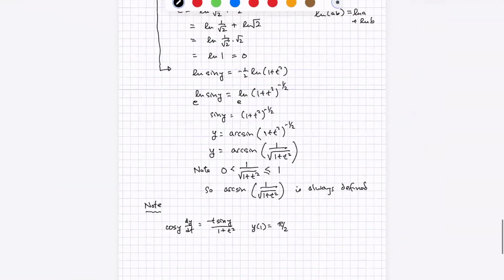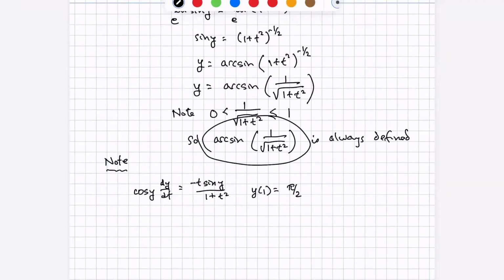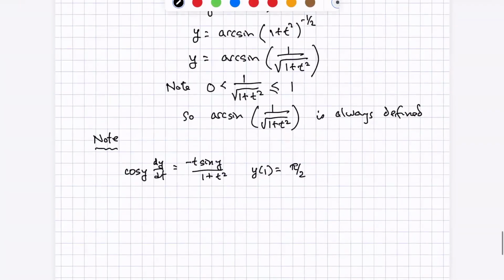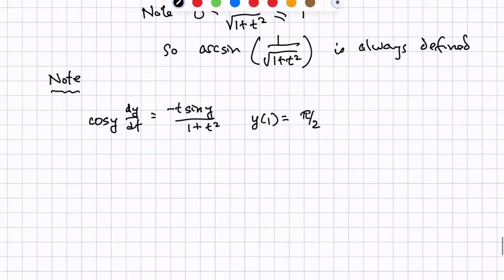In fact, if we do this problem right here, we would have gotten an answer a little bit similar to this, except for a slight constant change. But there's actually kind of a trick. If you notice that if I had plugged this in at the very beginning, y is equal to pi over 2 when t is equal to 1, right?